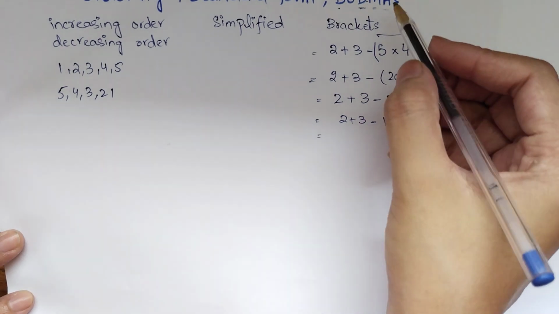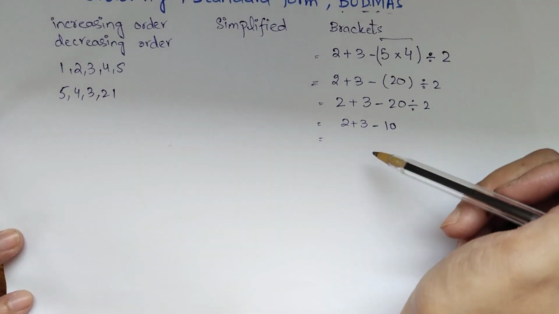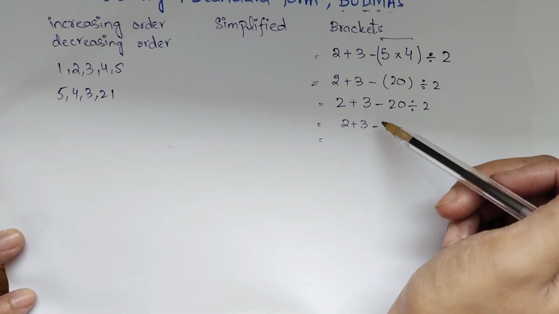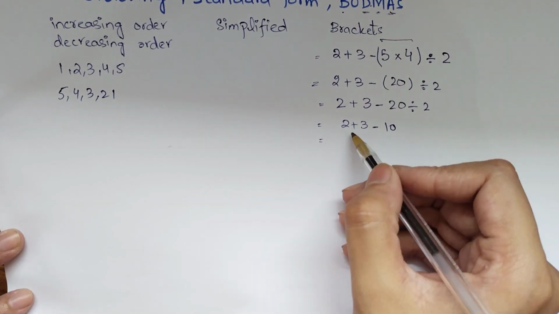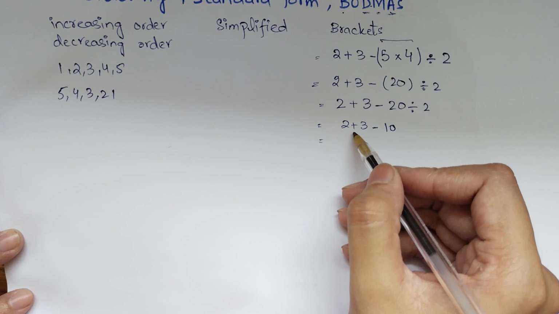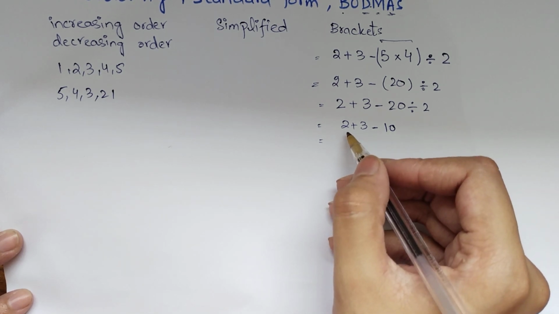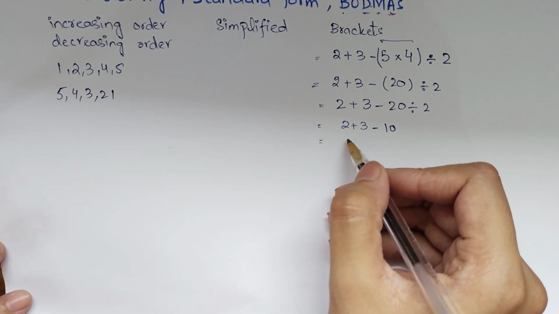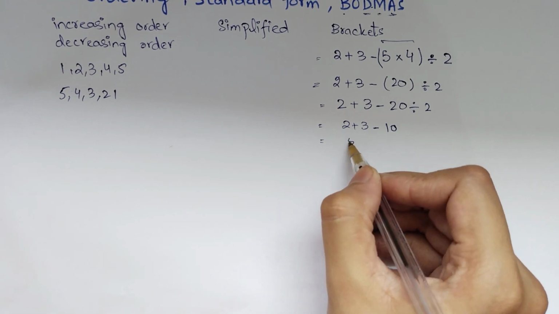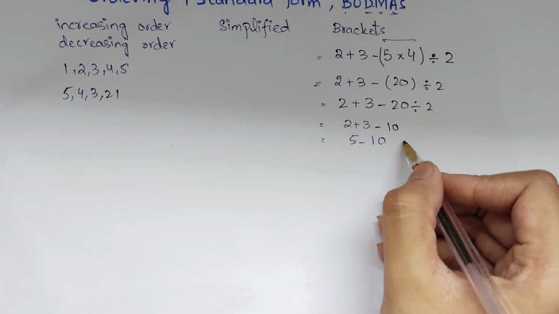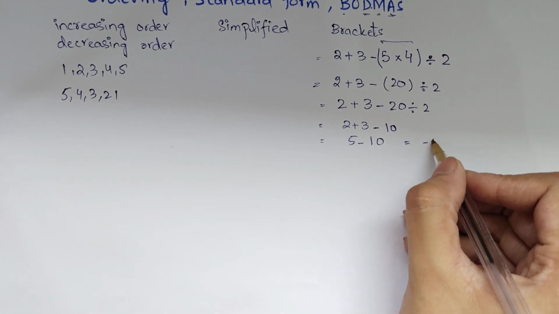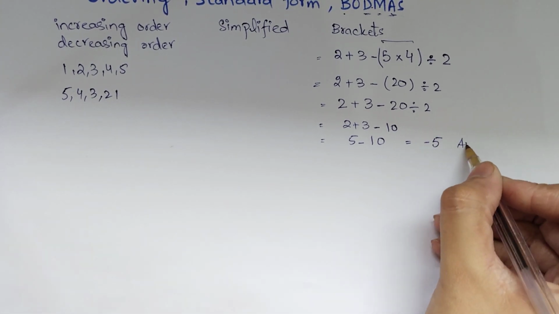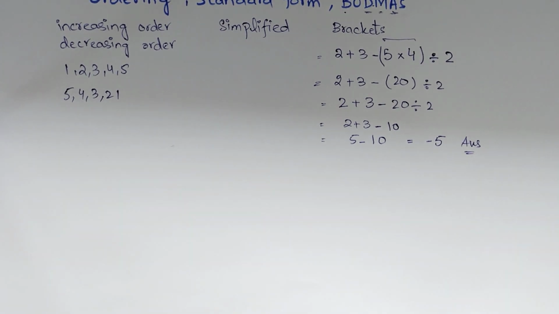Next is multiplication. There is no multiplication in the question, so we omit it. Next is addition: 2 plus 3 is 5, minus 10, and in the last you perform the subtraction, which gives minus 5 as your answer. So this is how you solve these questions.